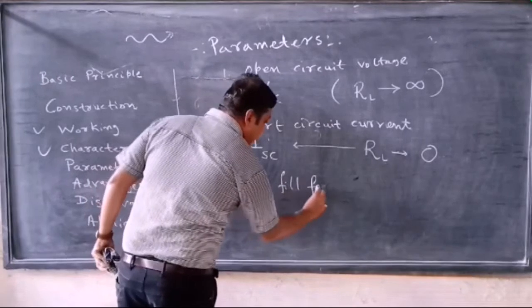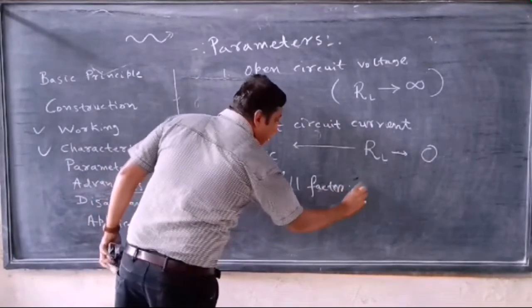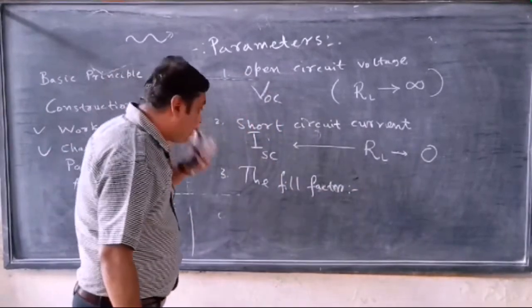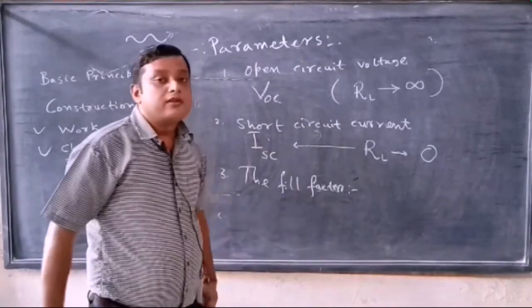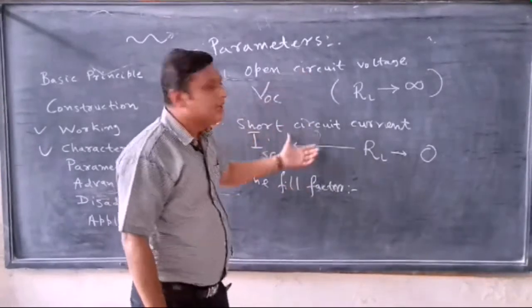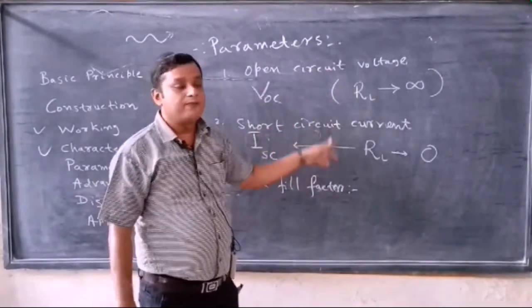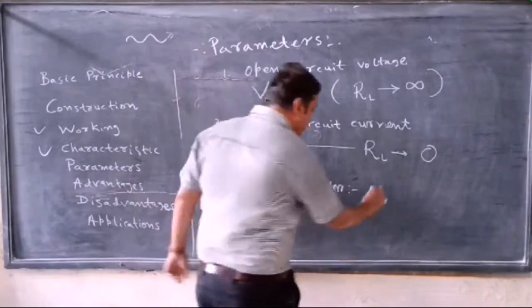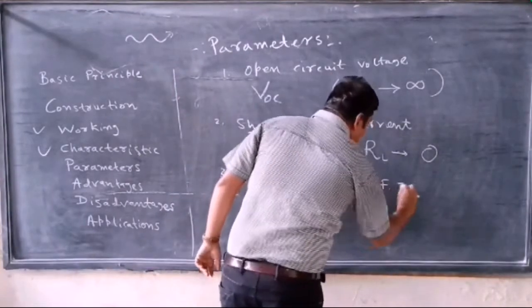So parameter 1, parameter 2, and then parameter 3 is known as fill factor. The fill factor of the solar cell could be understood if we understand the earlier two parameters. The fill factor is represented by FF.